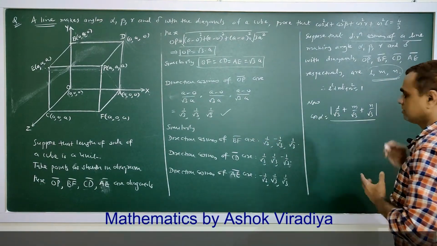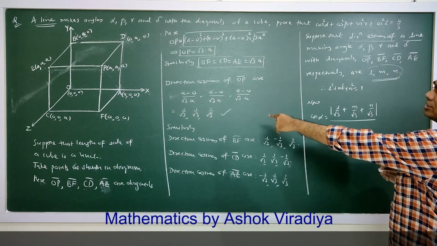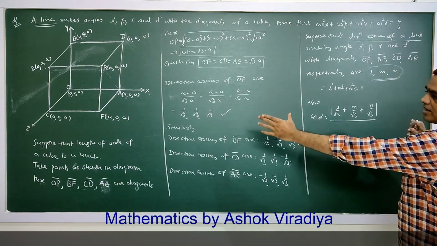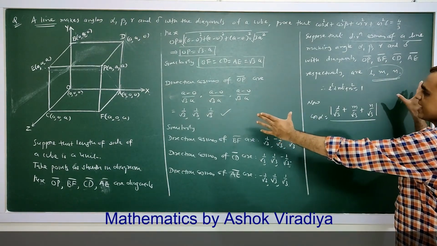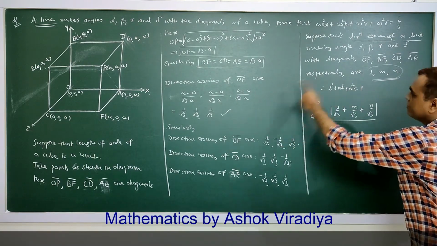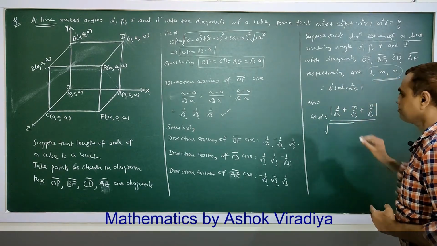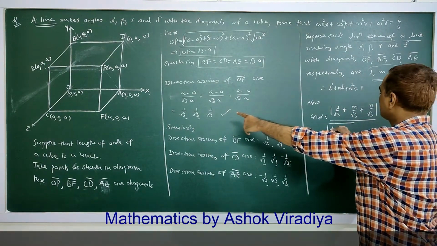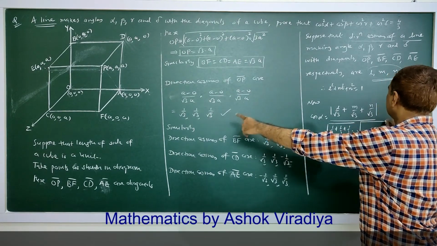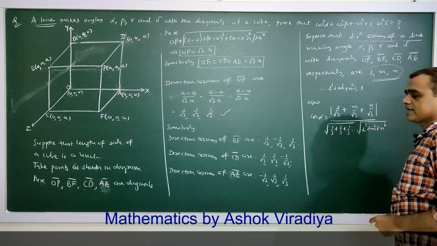Upon, so here a1, b1, c1, these are a2, b2, c2. If these are direction ratios or direction cosines, then the angle between lines is cos alpha equal to a1 a2 plus b1 b2 plus c1 c2 upon root a1 square plus b1 square plus c1 square, root a2 square plus b2 square plus c2 square.